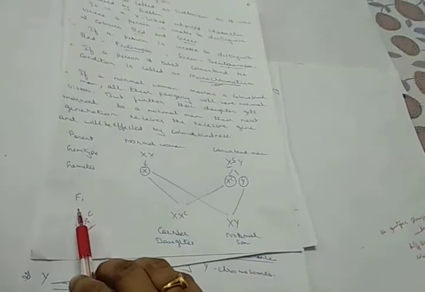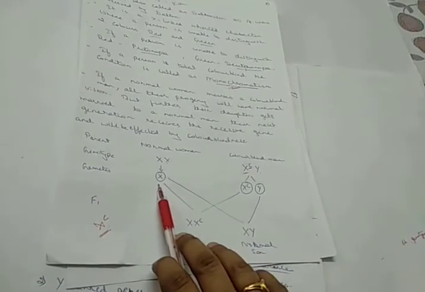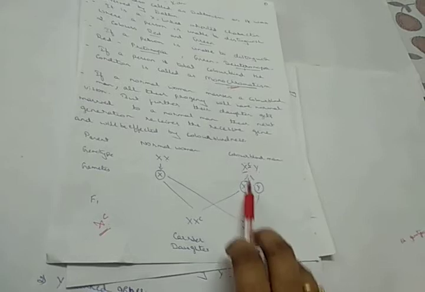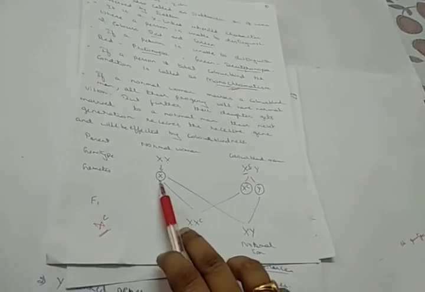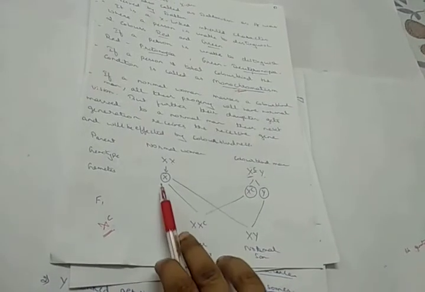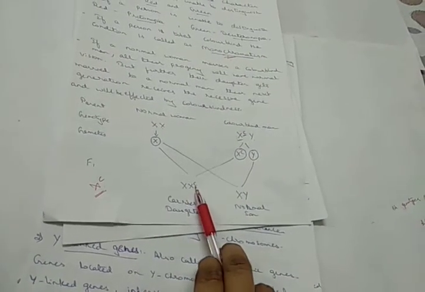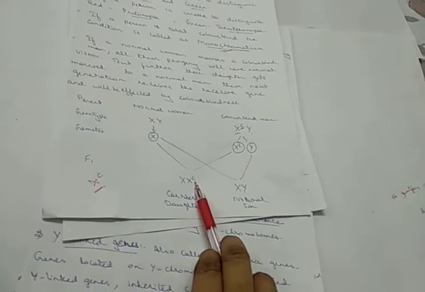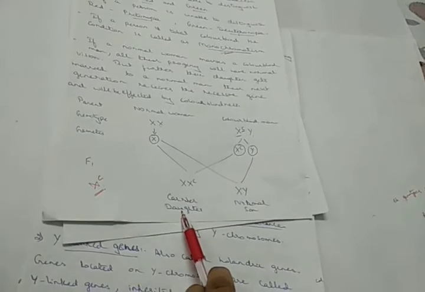When you cross the F1, since it is a homozygous condition, we take only one X. For the heterozygous condition, we take two different gametes. When you cross these two, you get X X^C, X and Y. One is a normal X, the other is a recessive X received for color blindness, and that condition is called a carrier daughter.